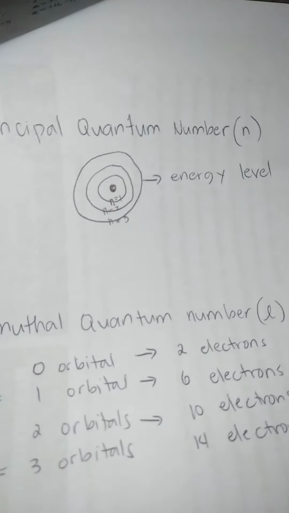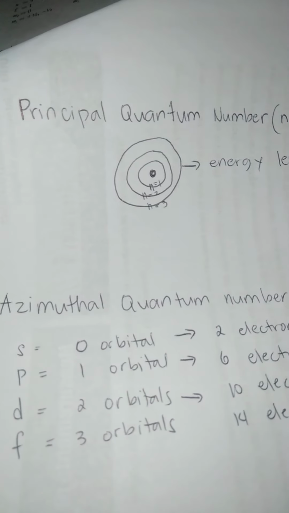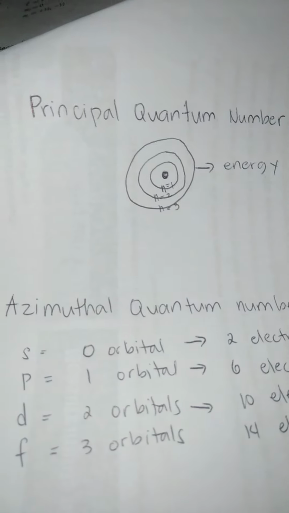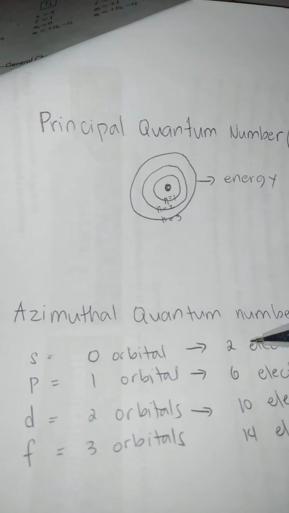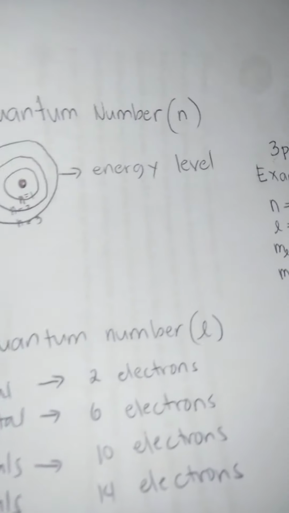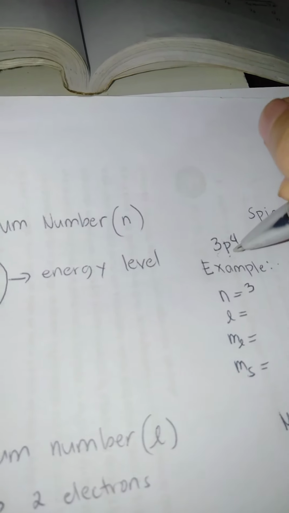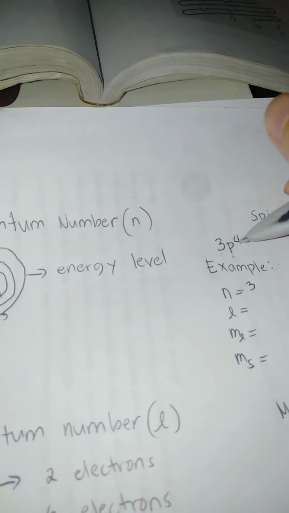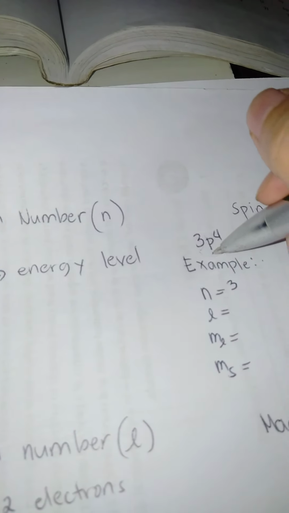If you have memorized the number of orbitals for each letter, then in our example you need to know what the letter is beside the number 3. Here we have letter P.